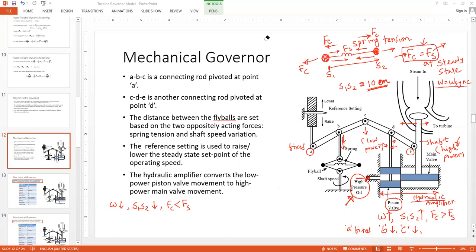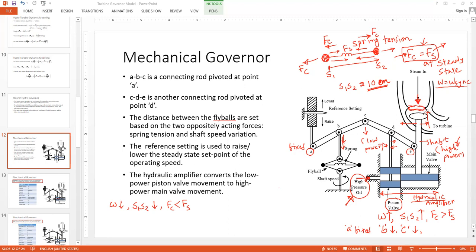This is the opening and closing of the gate. If this piston moves up, probably somewhere here, is there any opening left? If this piston moves up, then this chamber gets closed, and no more admission of steam is possible.